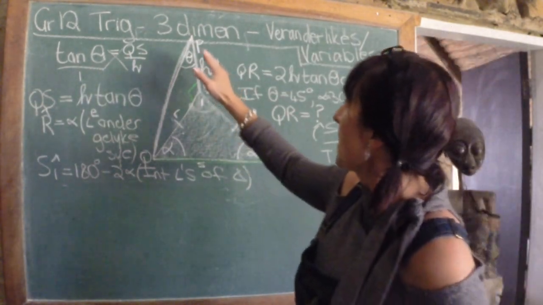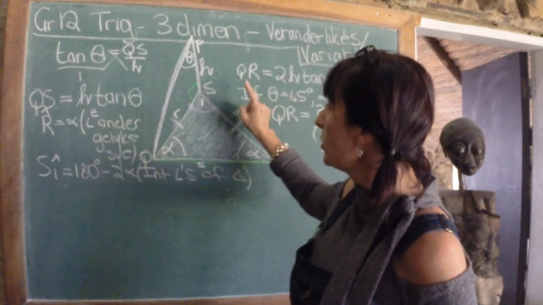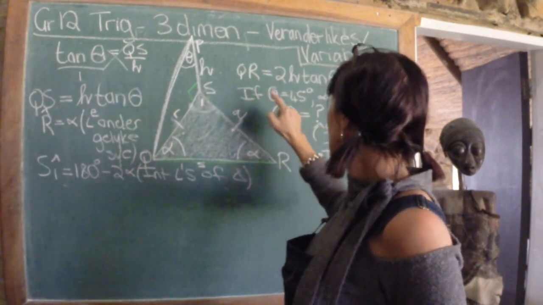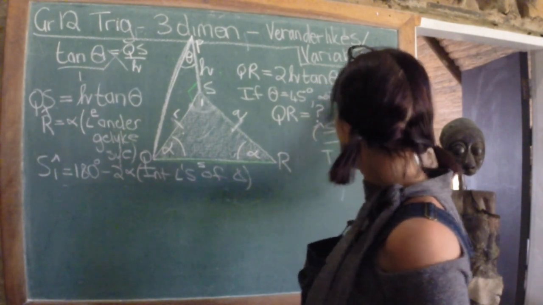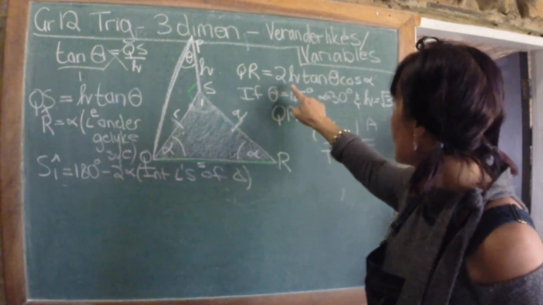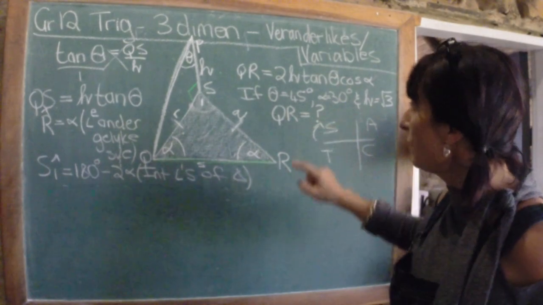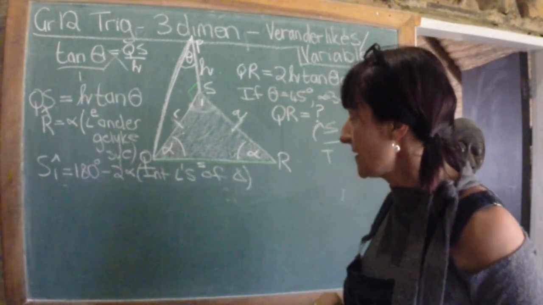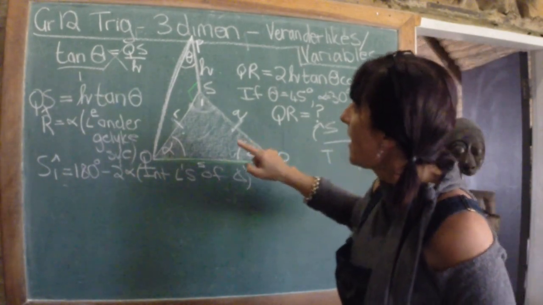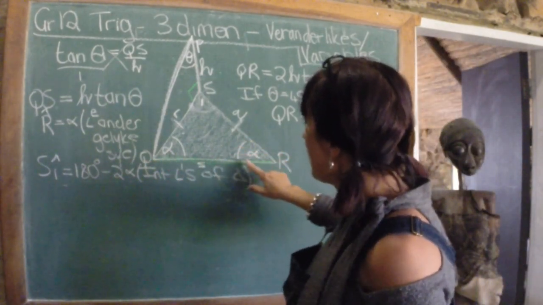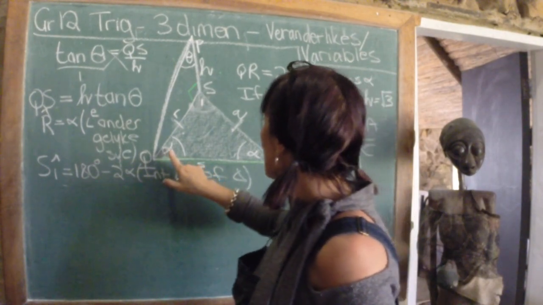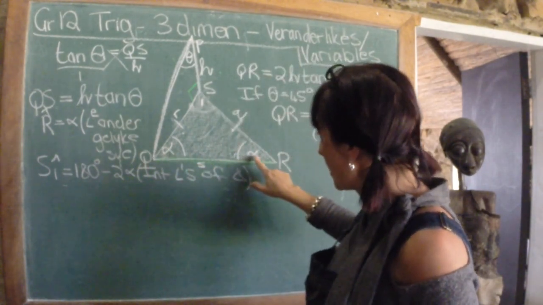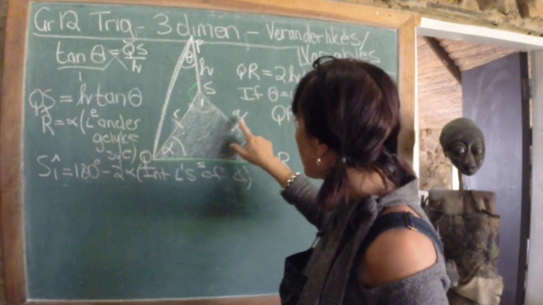If you look at this sketch, the question is, prove that QR equals 2h tangent theta cos alpha. Bewys QR is 2h tan theta cos alpha. Ek mag nie die antwoord gebruik nie, ek moet dit bewys. So ons gaan begin werk, as ons kyk na hierdie ouetjie, het ons hier net twee hoeke, alpha, en ons weet daai enetjie is ook alpha, want dis hoeke onder gelyke sye.